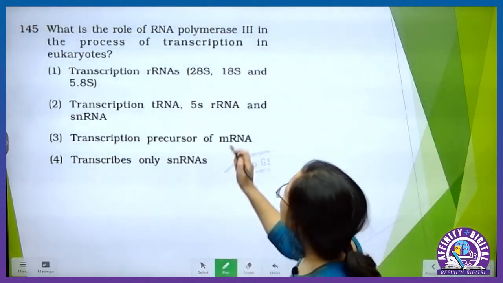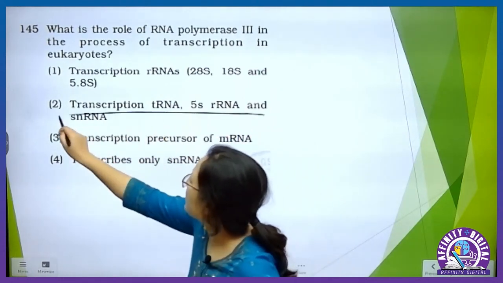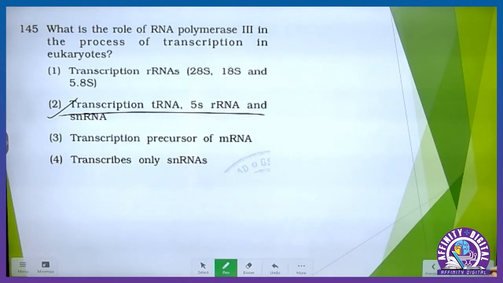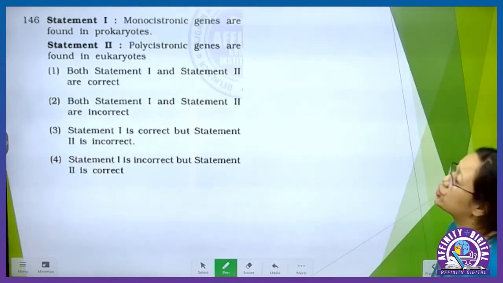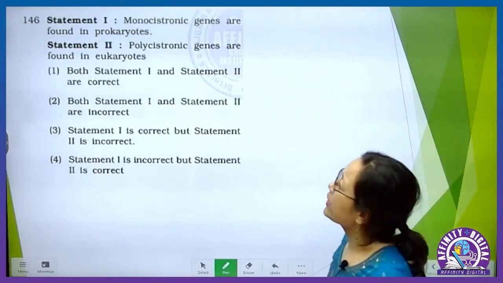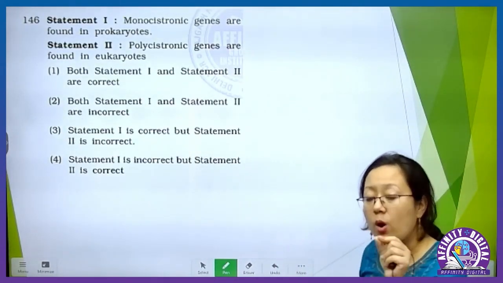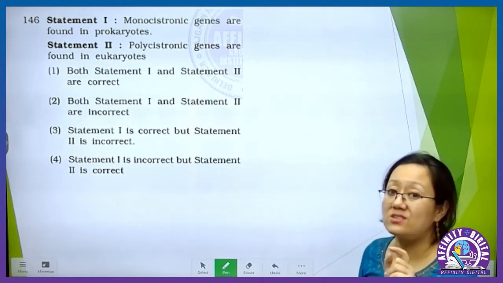RNA polymerase 3 will make tRNA, 5S rRNA, and snRNA. Monocistronic genes are found in prokaryote. Monocistronic means one promoter controlling one cistron or structural gene.